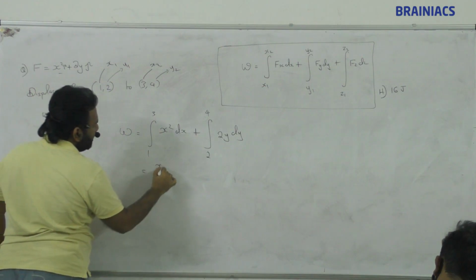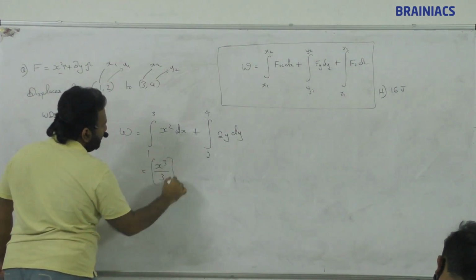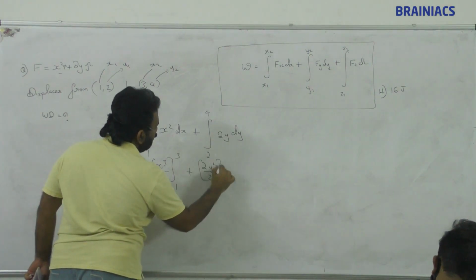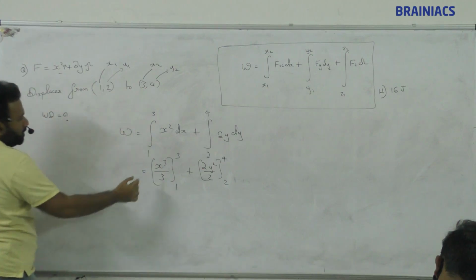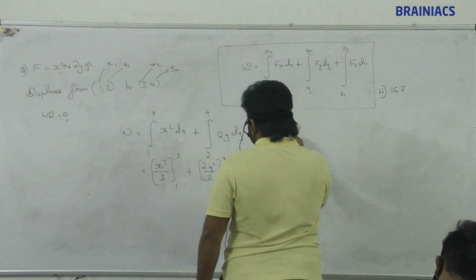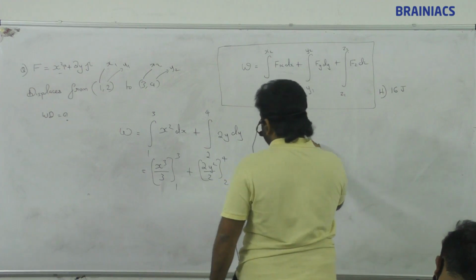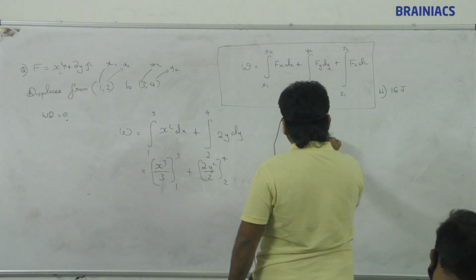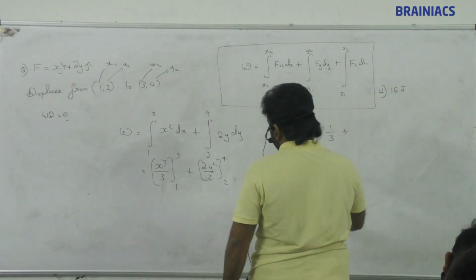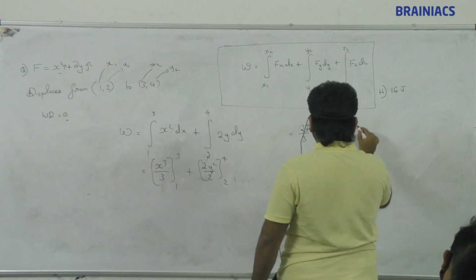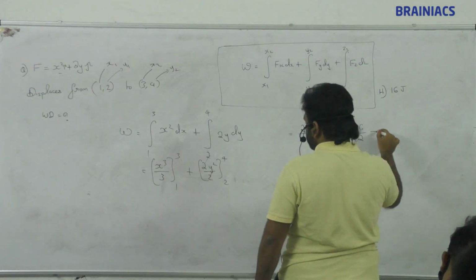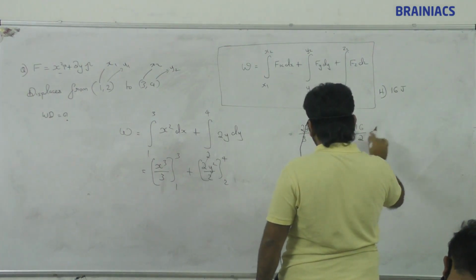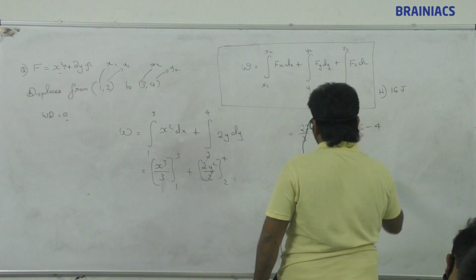So integrate this: x cube by 3, putting the limits 1 to 3, plus 2y square by 2, putting the limits 2 to 4. If you simplify this, this is going to be 27 by 3 minus 1 by 3 plus 16 by 2 minus 4.